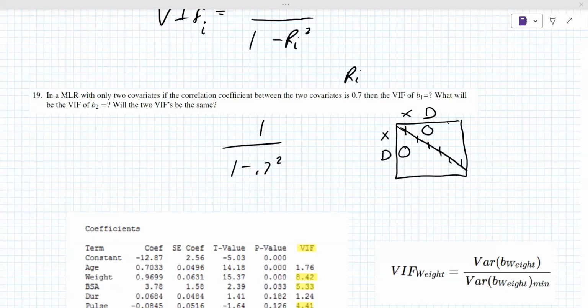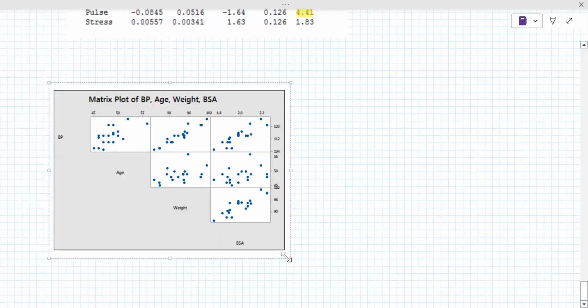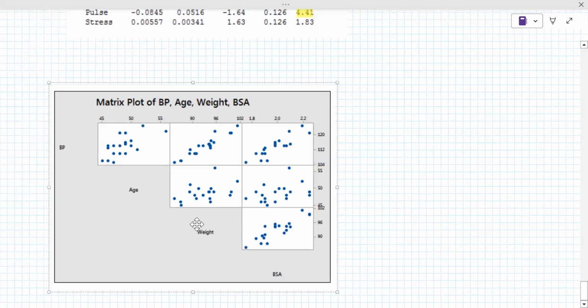They also can sometimes show you graphs of the relationships of the variables. The software probably has that in there as well. Let me just quickly show you that. Right. The last question on this problem set.